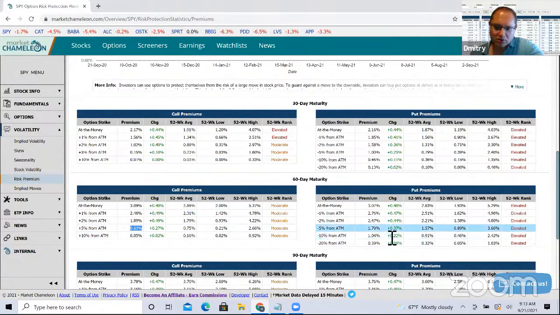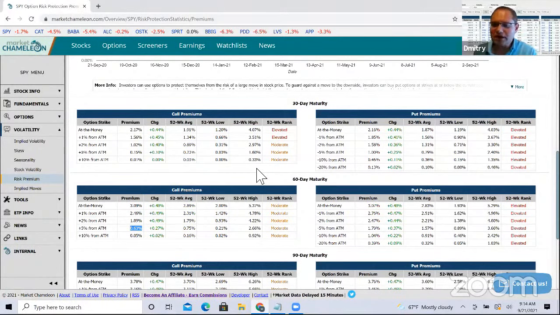So above the average in the put, below the average in the call, meaning that skew right now is lined up more towards the put side, right? More demand on the put side than the call side on a relative basis. So this is kind of what the skew is. And I'm going to go to the options chain and kind of show you what that looks like, okay?